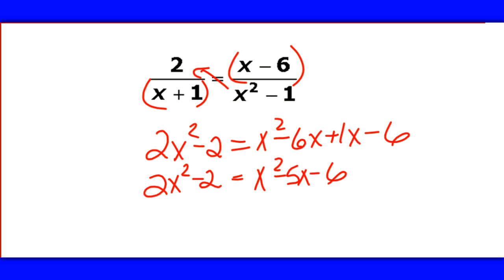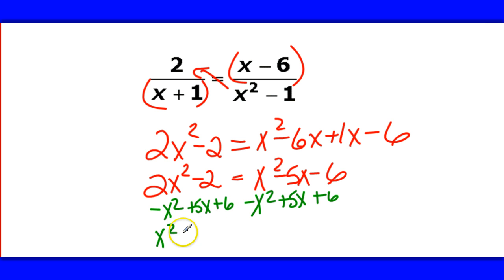At this point, I realize that I have a quadratic equation. Therefore, I have to use one of those methods. First thing I'm going to do is set it equal to 0. So I'm going to subtract x squared from both sides. I'm going to add 5x to both sides. And I'm going to add 6 to both sides. That's going to give me x squared plus 5x plus 4 is equal to 0.